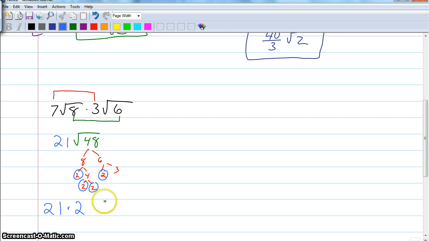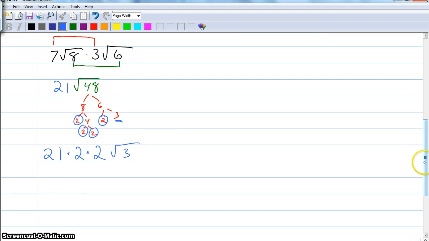There's another pair of 2s, so a second 2 comes out. And this 3 got left behind. So 21 times 2 is 42, times 2 is 84 root 3. That would be our answer there. 84 root 3.